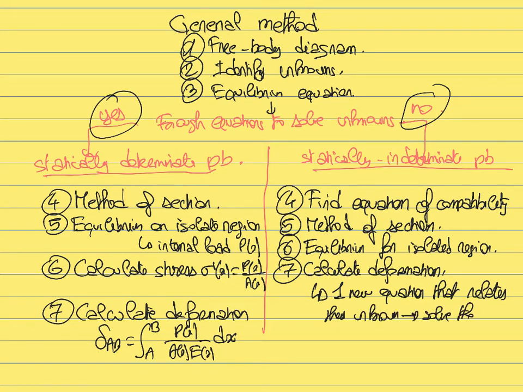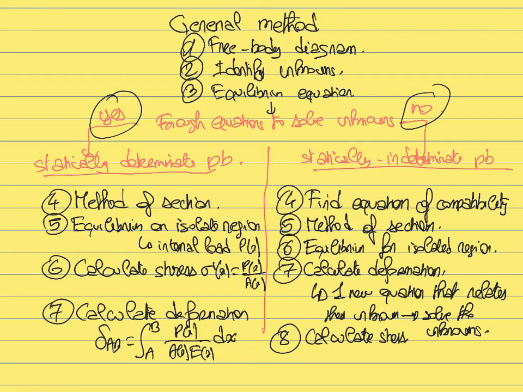You will be able to calculate the value of the unknowns. And once you have the unknowns, then you can come back to the last step, which would be step 8 here, and would be the same as step 6, which is that now you can calculate the stress. Once you have the unknowns, you can calculate everything. You can calculate the internal load, you can calculate the stress, etc.